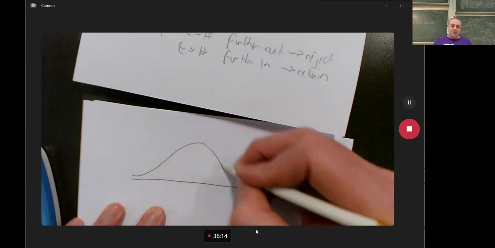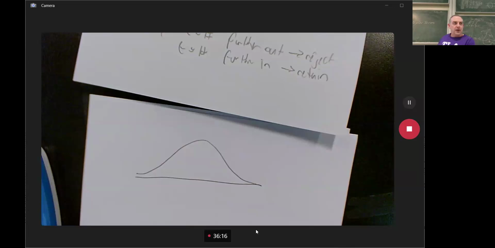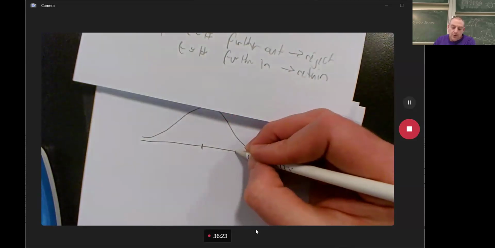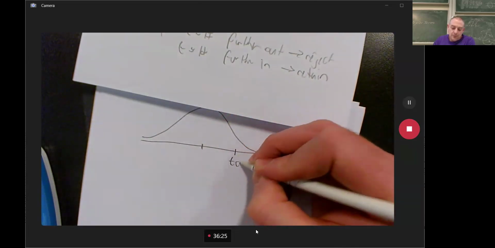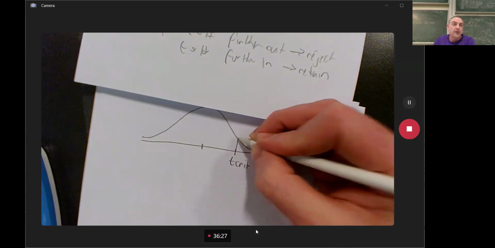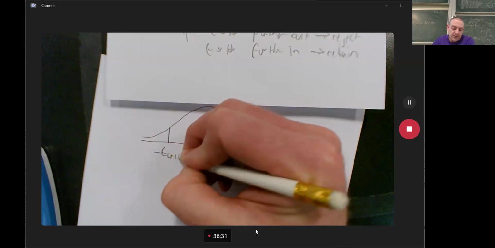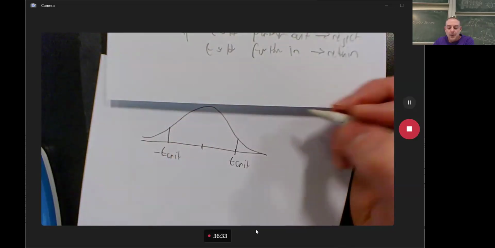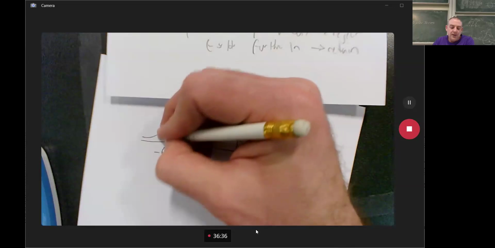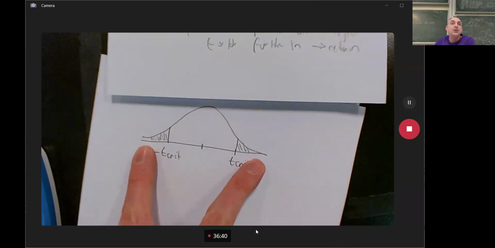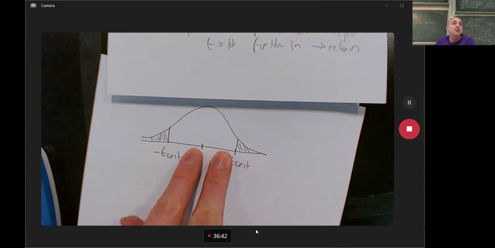The picture that goes with it is this. This is what a t distribution looks like. To the naked eye, it looks like a normal distribution, but the computer knows better. You've got your t critical at some point, and the minus version of the t critical is over here. If your t actual from your data is out here on the outside, then you reject. If it's on the inside, then you do not reject.